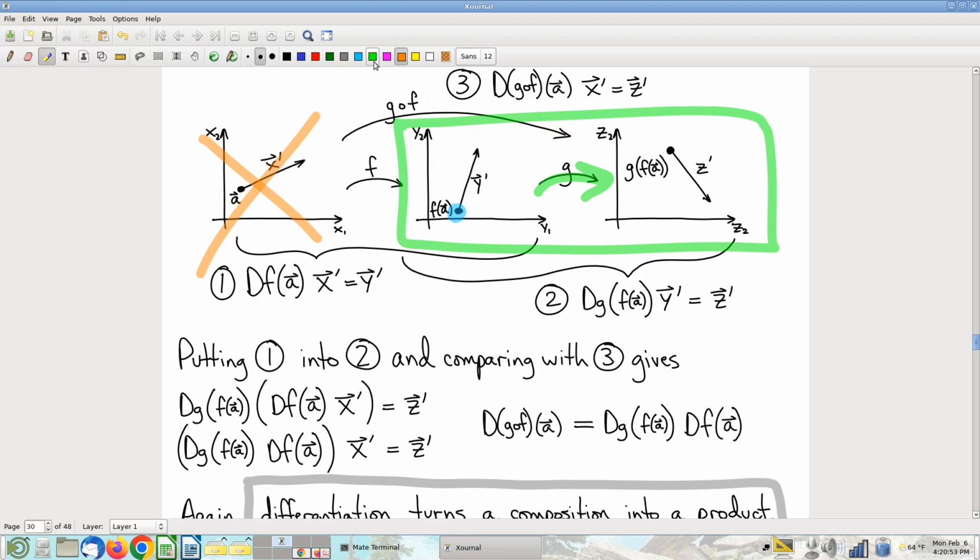DG has to be evaluated at the point where it's acting, and it's acting at F of A. So you do have to be careful about that. If you have the numbers for the vector A, those numbers you cannot plug into the DG matrix. It just doesn't work. So heads up about that.